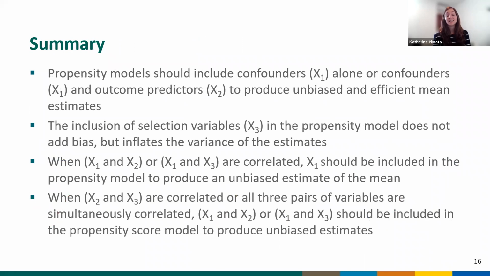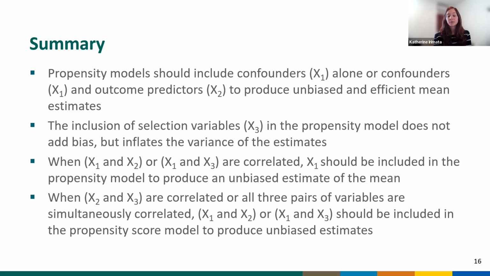And so I think it can be kind of confusing to think about all these different variable types, but I think the takeaways are really, first, in the simple case, propensity models should include confounders. So those are variables that are related to both the outcome and the selection indicator. And so either just the confounders by themselves or the confounders and outcome predictors, so any variables that are related to the outcome of interest, in order to produce unbiased and efficient mean estimates.